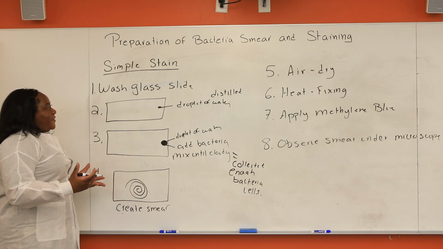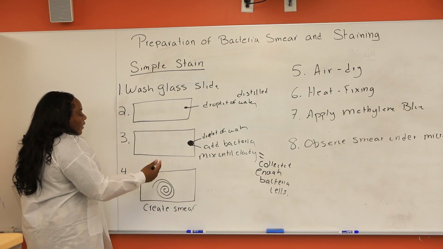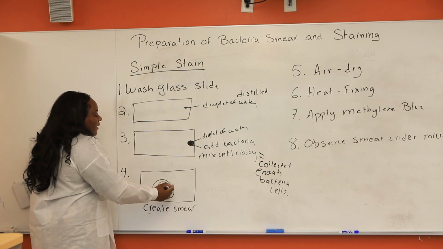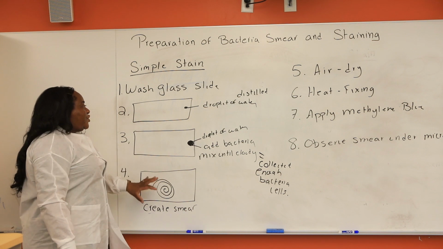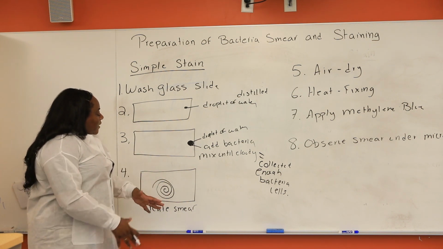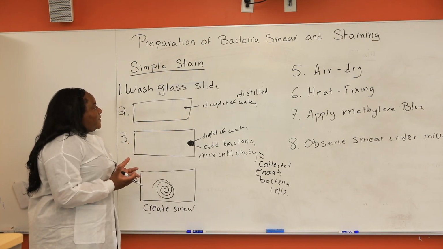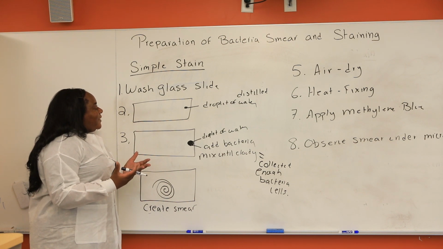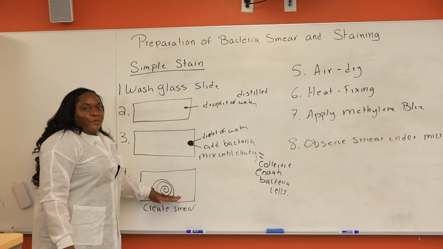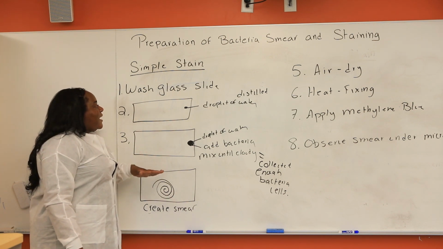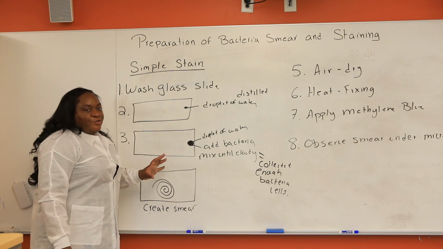Again, if you're someone that's been doing this for many years, what you're probably going to do is take your bacteria, mix in some water, and that's your bacteria smear. But I want to show it from this angle so that we can make sure that our bacteria smear is thin enough. Because when it's thin, when it's spread out, you don't have to wait forever for it to air dry, and also the stain can properly penetrate the cells.